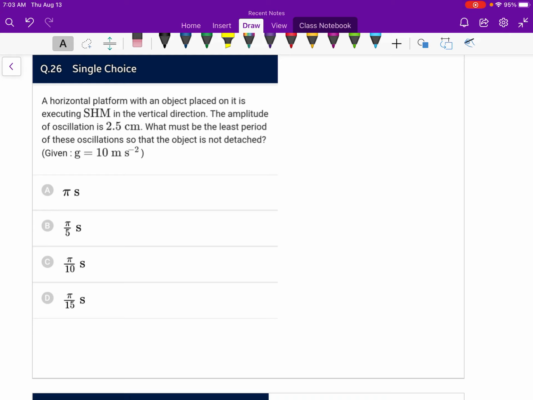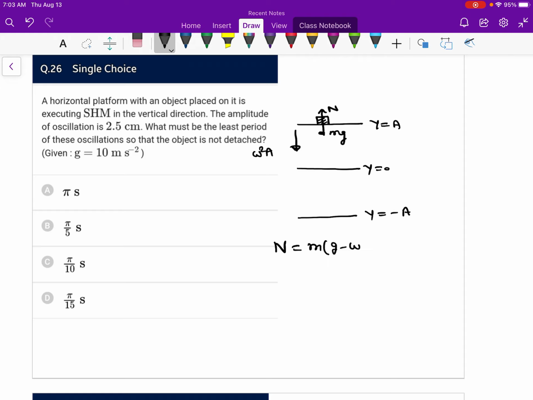A horizontal platform executes SHM vertically with amplitude of oscillation A. What must be the least period of these oscillations so that the object is not detached? Okay, so this is y equal to 0, this is y equal to A, and this is y equal to minus A. So at this position, normal reaction is this, mg is this, and acceleration is in this direction. So N is mg minus omega square A, and this should be just equal to 0.